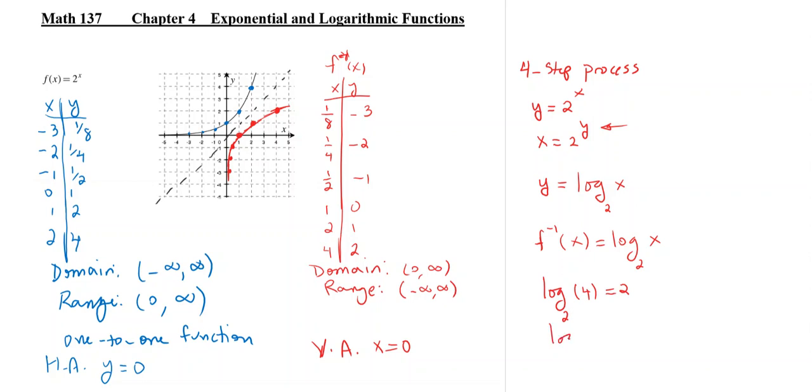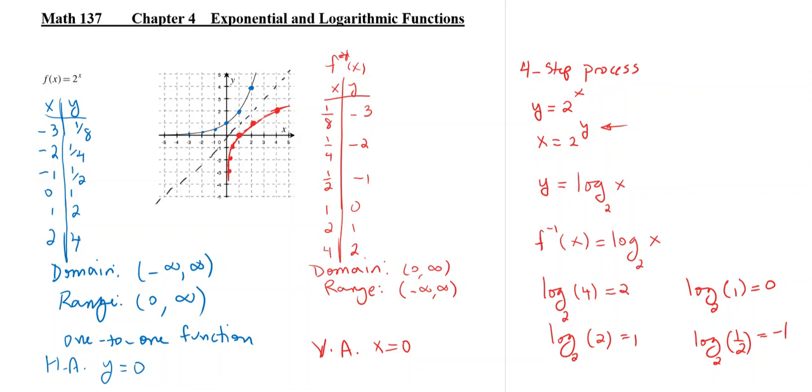We know that log base 2 of 2 equals 1. That's what this ordered pair tells me. We know that log base 2 of 1 equals 0. And this one tells me when I plug in 1/2 for x, so log base 2 of 1/2 equals -1.